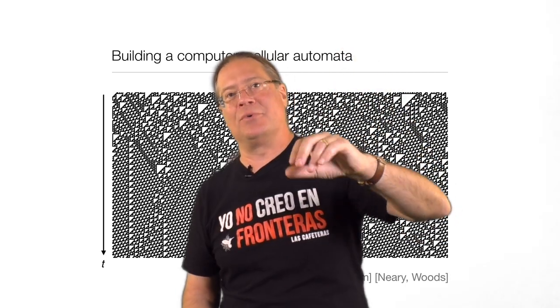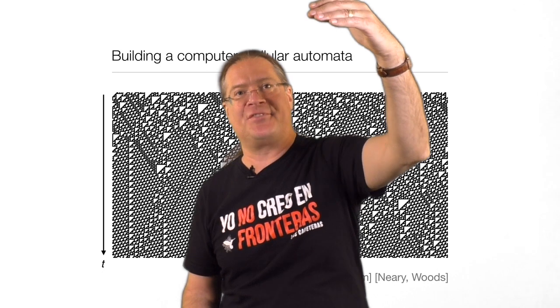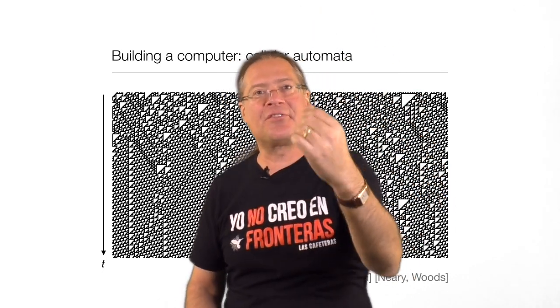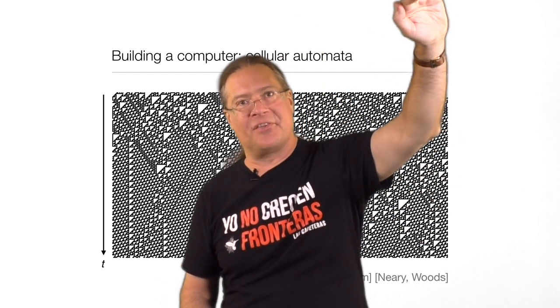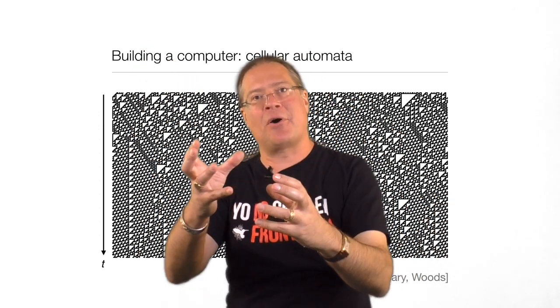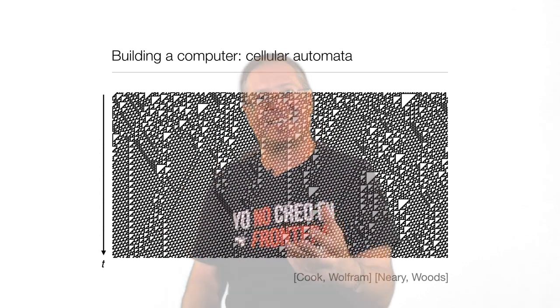Time is going downward, and each row of this diagram is a state, a snapshot of the cellular automaton. And you can see that there are some structures that are stationary and oscillating. There are some things that are moving, like elementary particles. There are collisions between these particles that interact and produce new particles as their products.